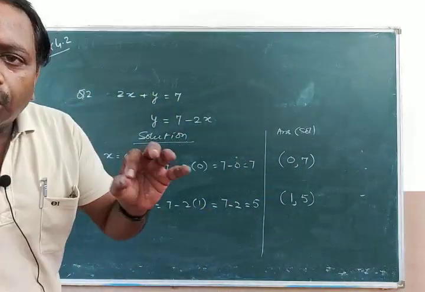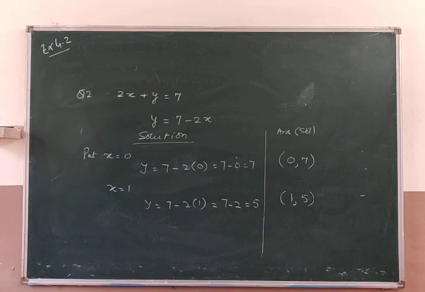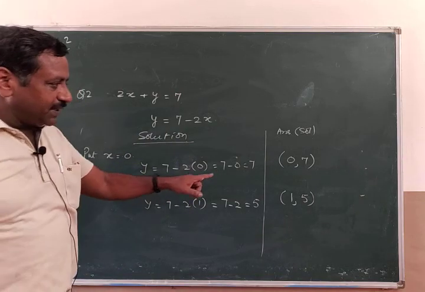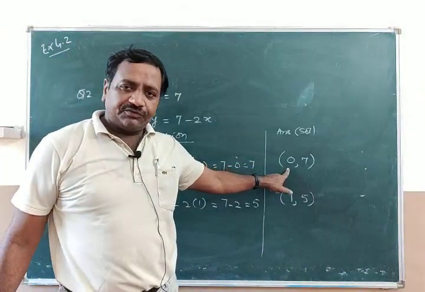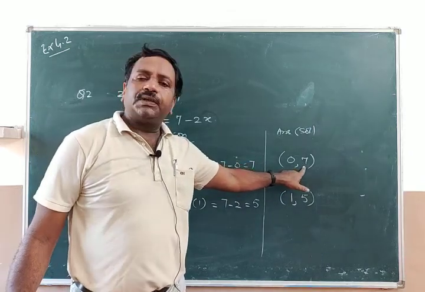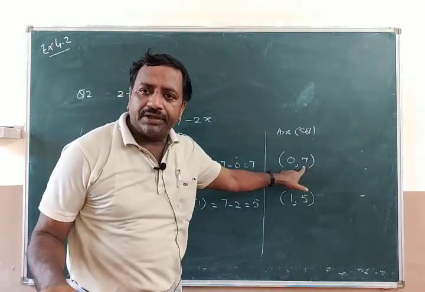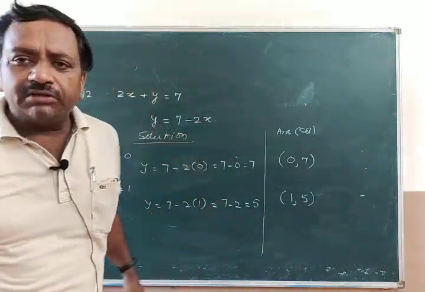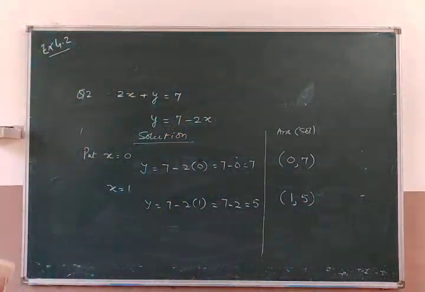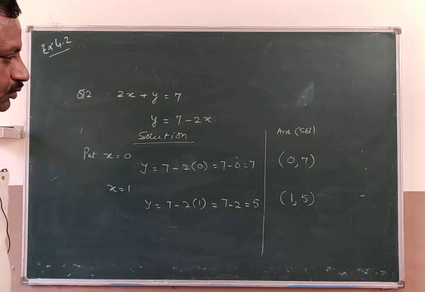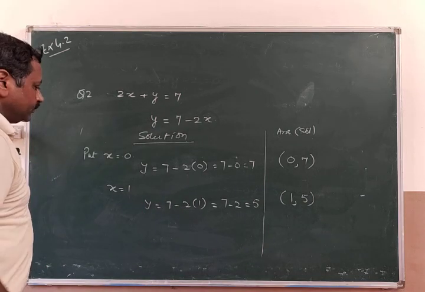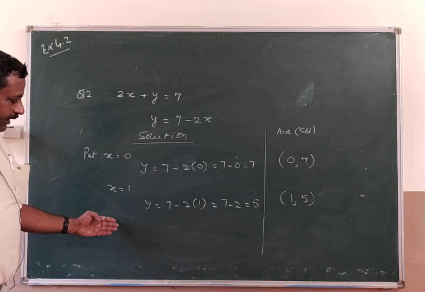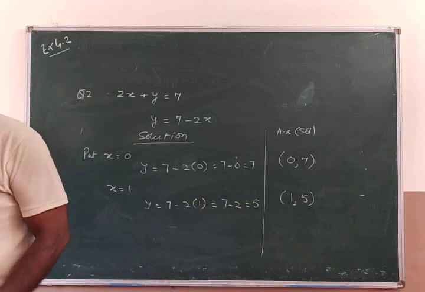This is called an ordered pair. Always at the first place the value of x, that is abscissa, at the second place the value of y, that is ordinate. Together they are called coordinates, that we have learned in chapter 3 also, coordinate geometry. Similarly, find out for x equal to 2, x equal to 3.